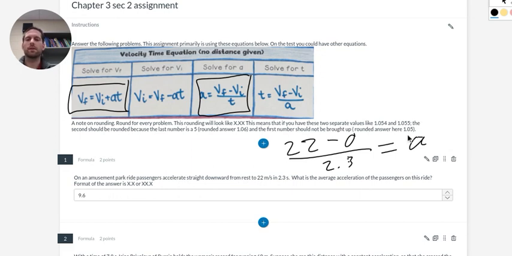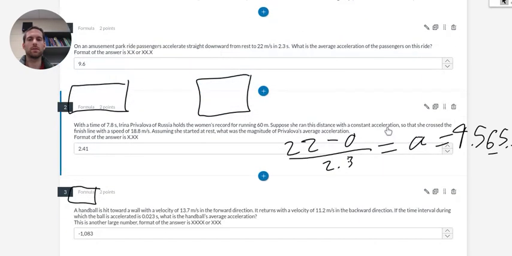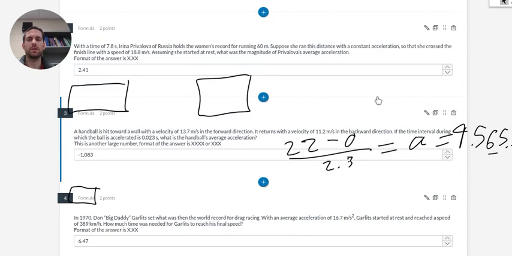Looks like it's 9.565 something, and then it's 1 decimal, so I just round that to 9.6. Right.